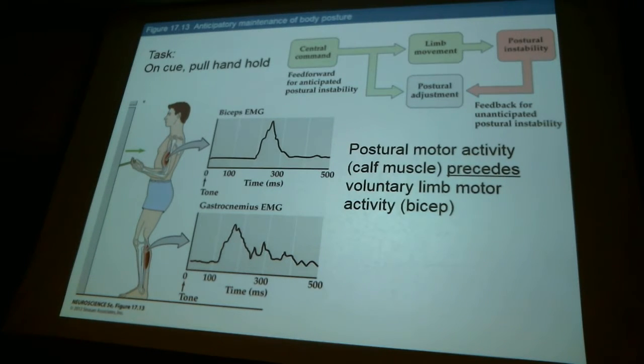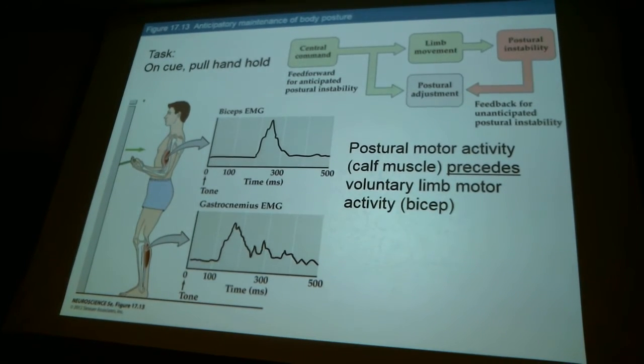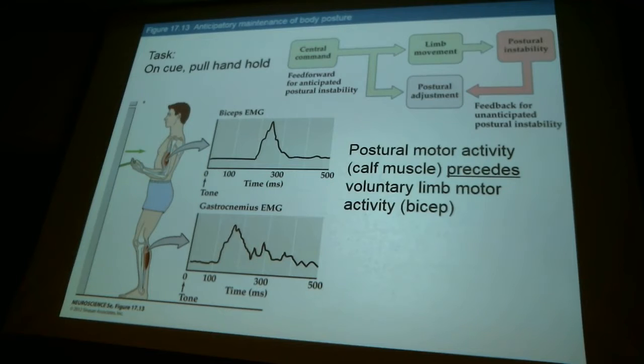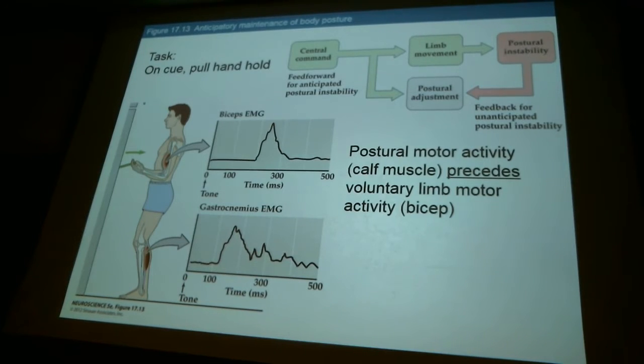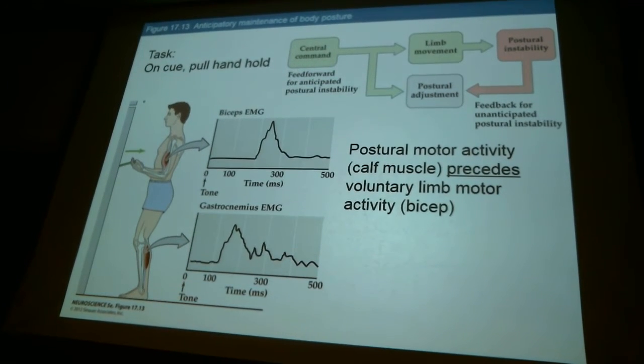And so anybody who's lifted weights in a weight room for the first time, where are you sore? Are you sore just in the bicep muscle? No, you're sore all over because you've used muscles that you had no idea you were using. And it's because of this sort of postural control. So you have to do these sorts of counteracting muscles.